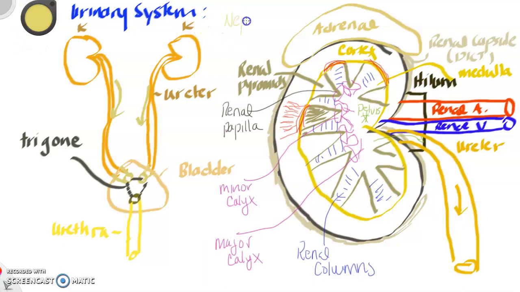So the nephron. And the nephron, there's a million nephrons within each kidney, and they're just tubules, okay?